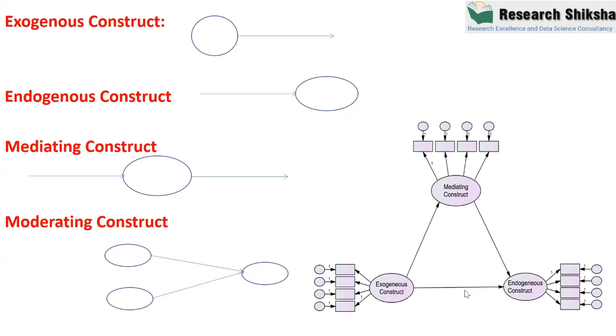This is the structure of the construct. So exogenous is simply the independent construct, endogenous is simply the dependent construct, and mediating comes in between. And the moderating construct comes in parallel.